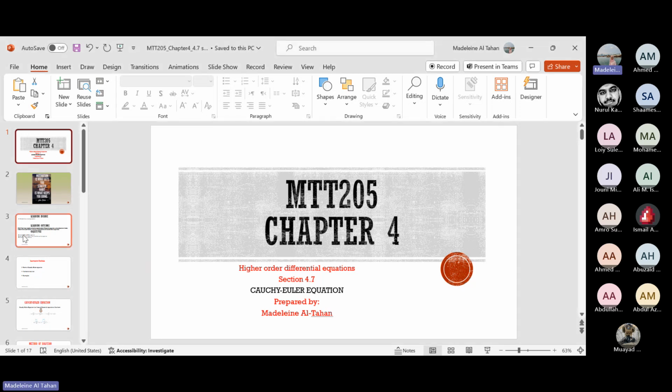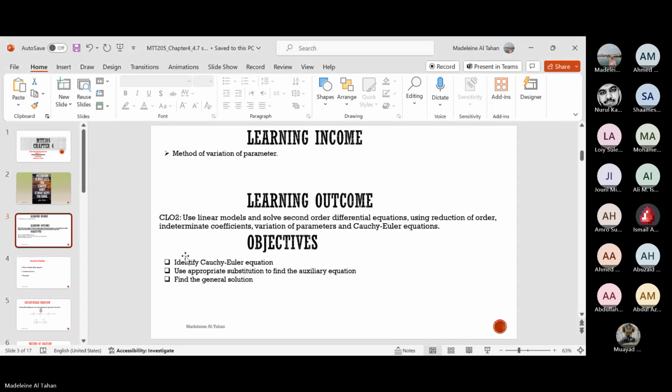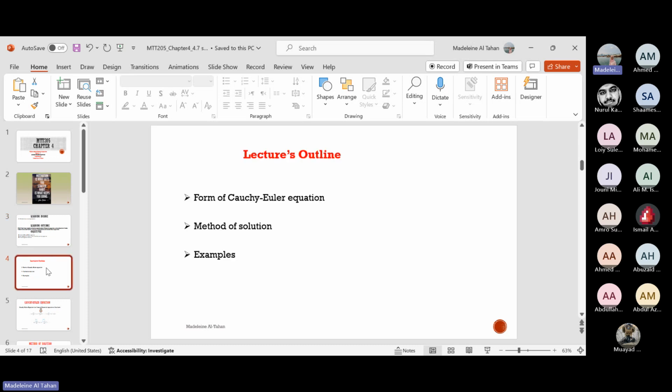What about if it's not with constant coefficients? We will consider the case when it is a Cauchy-Euler equation. So we need to know how to determine whether a certain differential equation is a Cauchy-Euler equation, and how to solve it and find the general solution. First we need to know the form of the Cauchy-Euler equation and the method of solution.